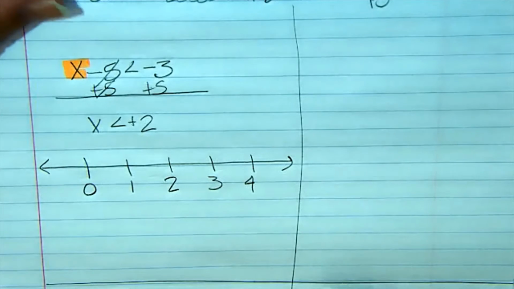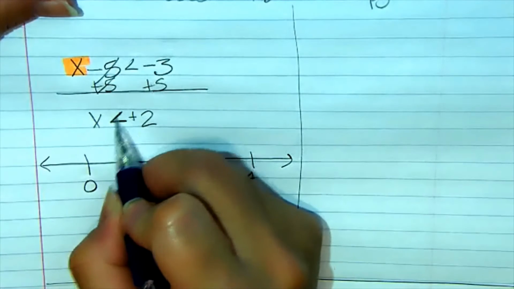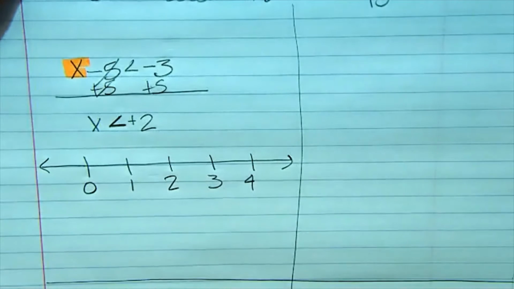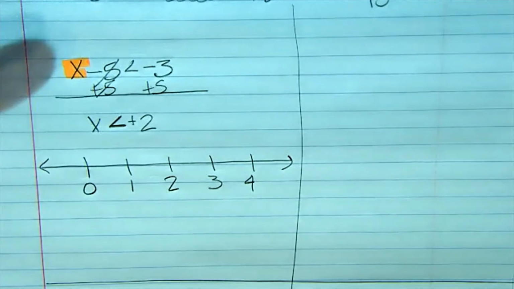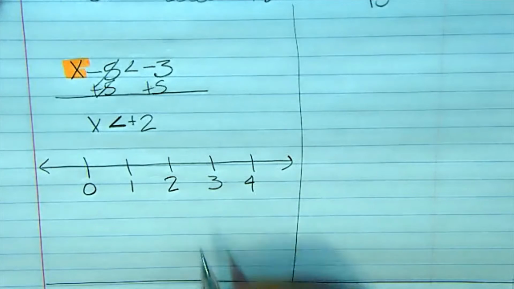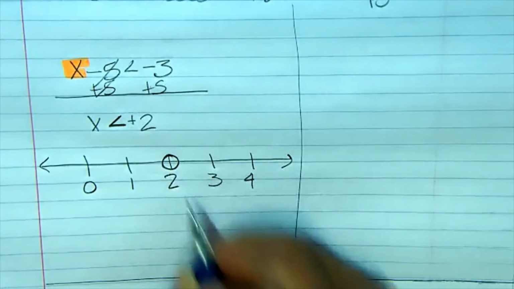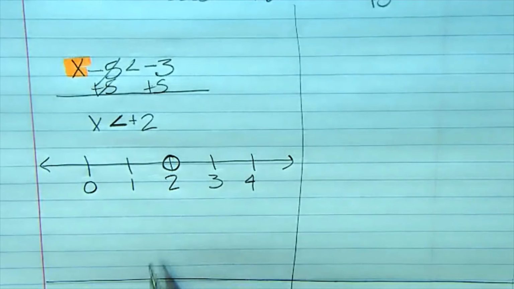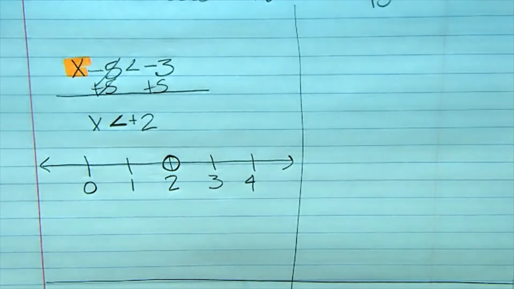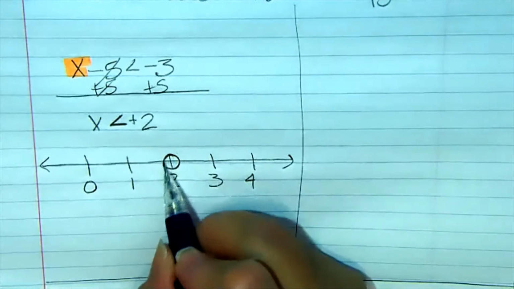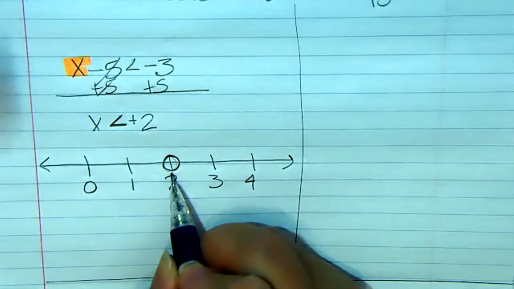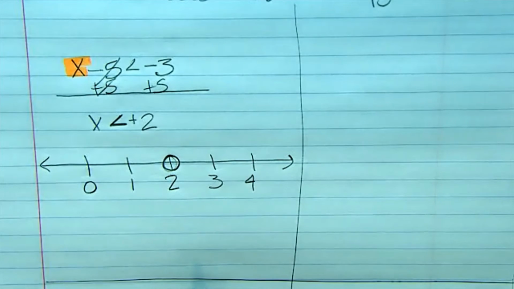Now, I'm going to look at my sign. My sign is less than. It's not equal to, it's just less than. So it's telling me I start my answer at 2, but 2 is not included in the answer. So I'm going to use an open circle. My answer starts at 2, but 2 is not included in the answer.